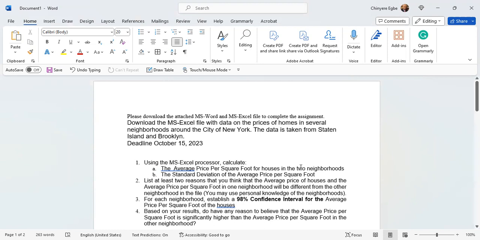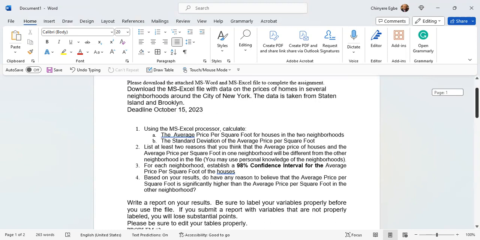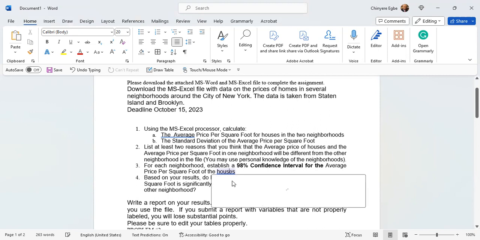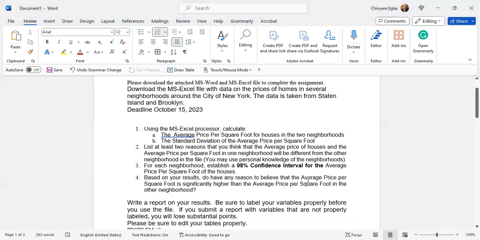All right? So this problem then continues. Says, for each neighborhood, establish a 98% confidence interval for the average price per square foot of houses, okay? And then based on your results, not what you think, okay?